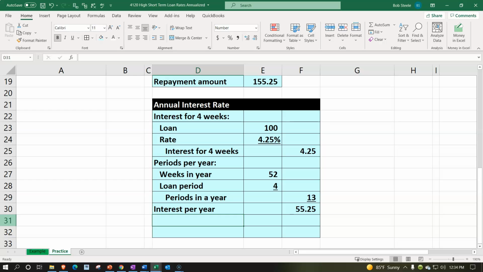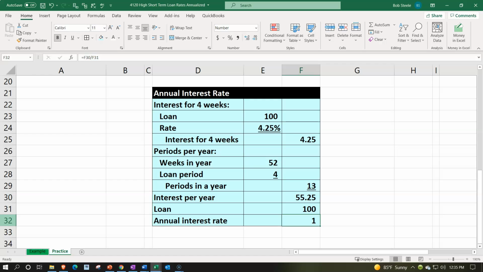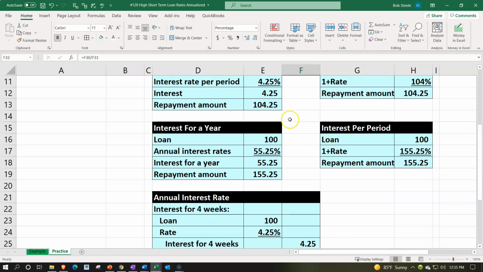And then comparing that to the loan amount, which was $100, can get us to that interest rate again. So that'll give us the annual interest rate, which we're going to say is equal to the 55.25 divided by 100. And we're going to go to the number group, add a couple decimals. There's that 55.25, our annual percent that we got to up here.